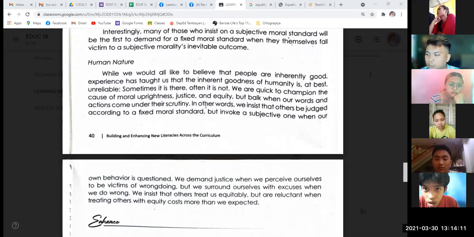We demand justice when we perceive ourselves to be victims of wrongdoing, but we surround ourselves with excuses when we do wrong. So we insist that others treat us equitably but are reluctant when treating others with equity costs more than we expected. Did you understand? Naintindihan ba? Or should I interpret it?